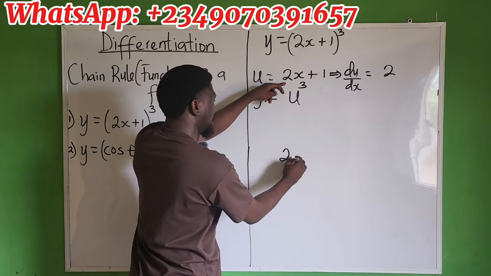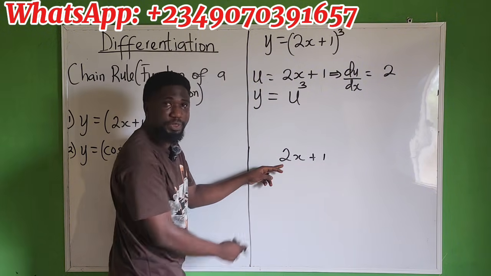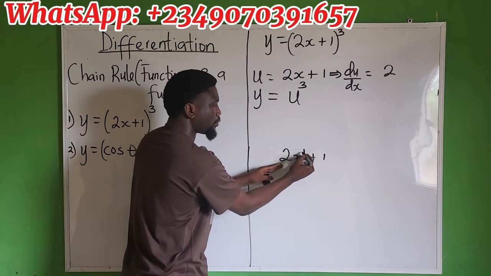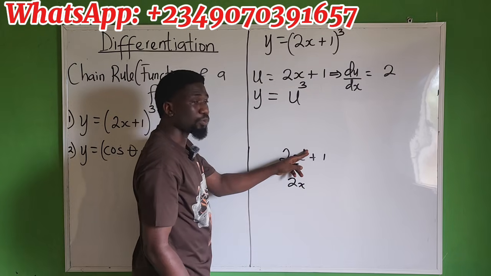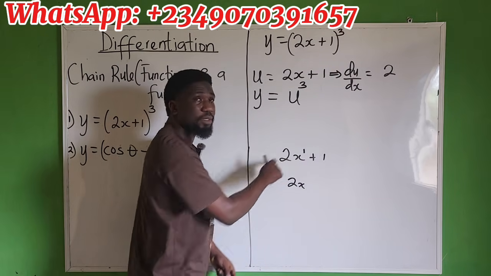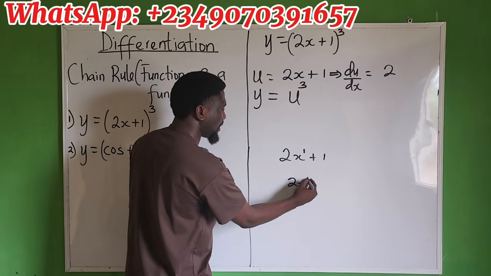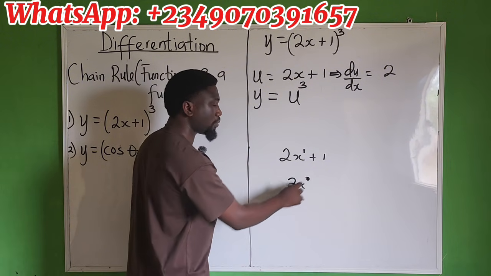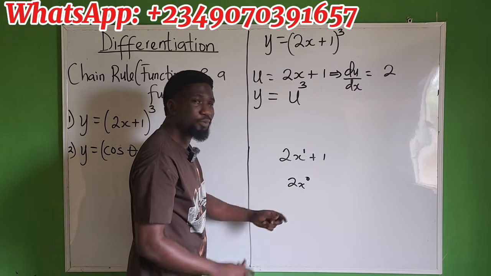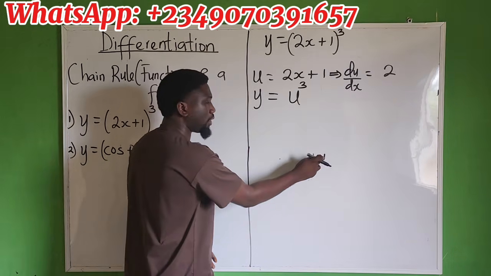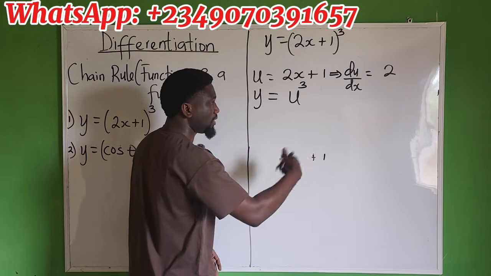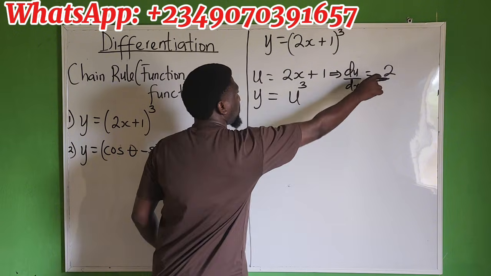If I have 2x, whenever I want to differentiate, you know that the index here is 1. So 1 times 2 is 2, then x, we subtract 1 from the power. So 1 minus 1 is 0, and x to the power 0 is 1. 1 times 2 will give us 2. Do you get it? And 1 is a constant. If you differentiate a constant, that is 0. So that's how we have 2.